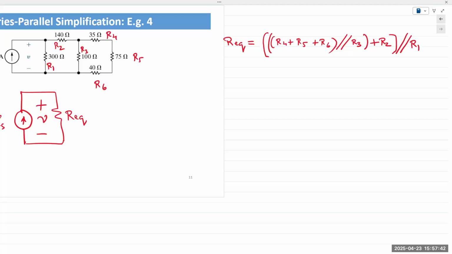Okay. And once we have Req, by Ohm's law, V is equal to Is times Req. From there, we can find IR1 and IR2. We expand the circuit one step at a time in the exact reverse order.